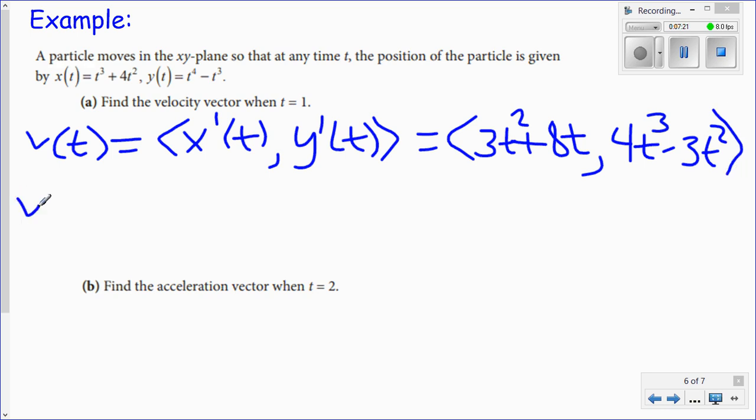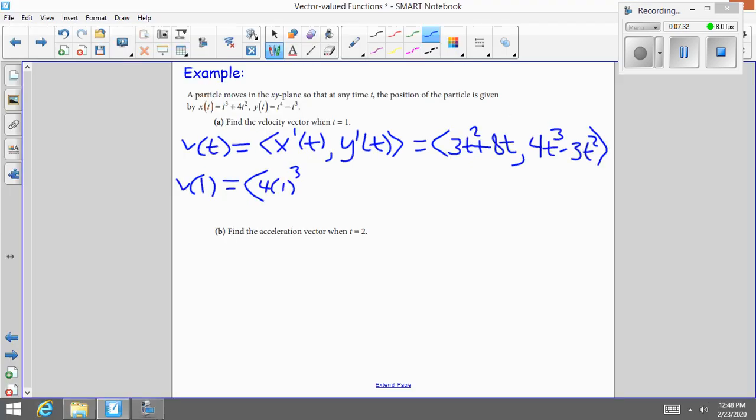All right, then we can say v of 1 will equal 4 times 1 cubed, plugged into the wrong component. Let me just erase that.